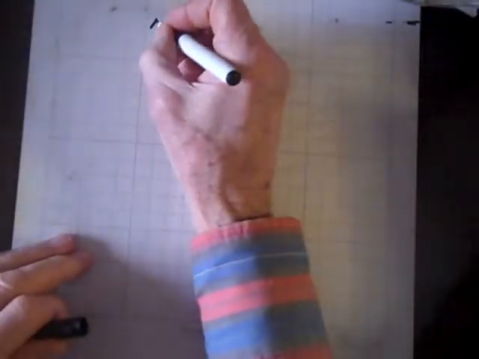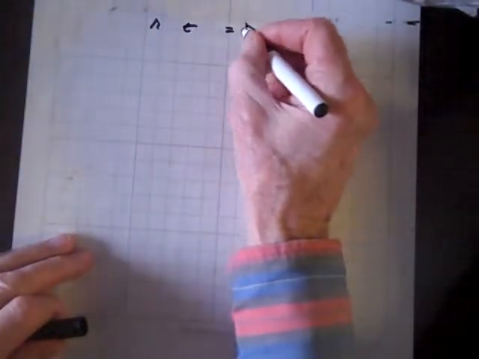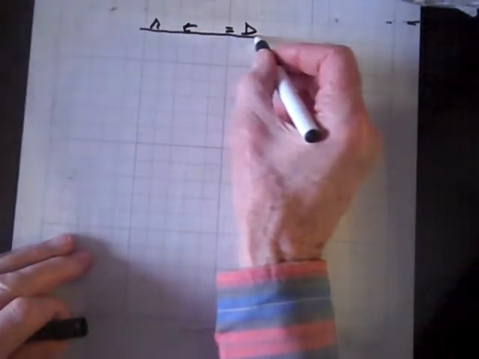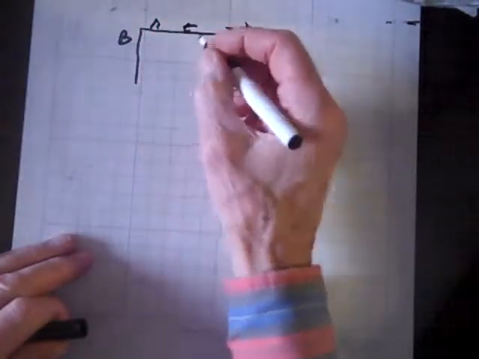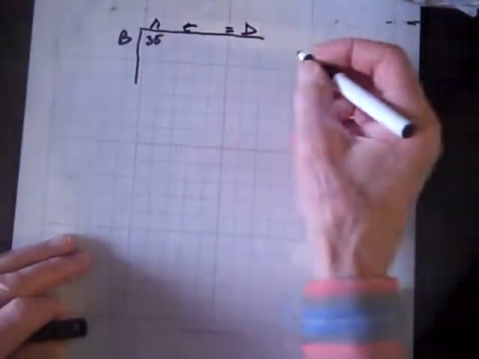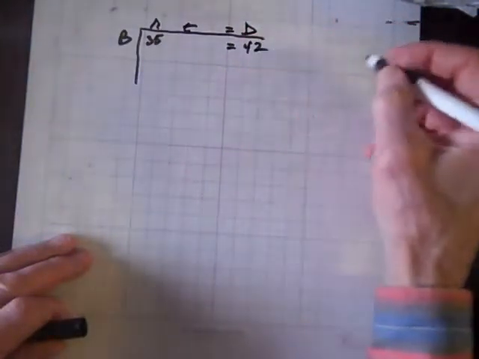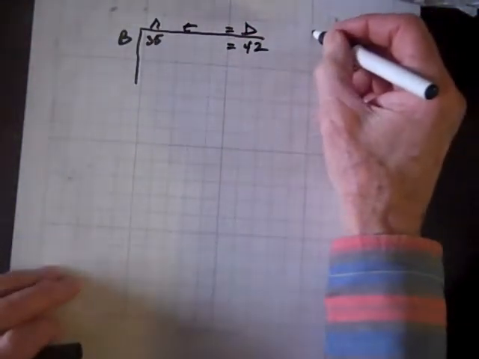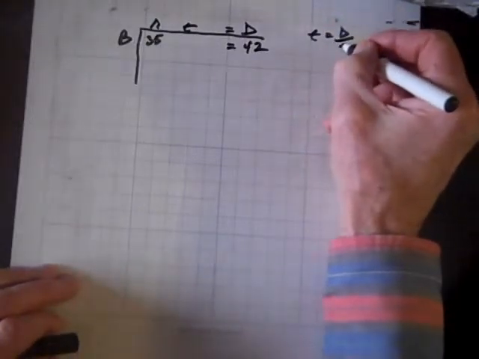Well, let's make a chart, and we know that rate times time equals distance. We've got the bicyclists, and their combined rate is 35 miles an hour, and their distance is 42 miles, and we know that time equals distance divided by rate.